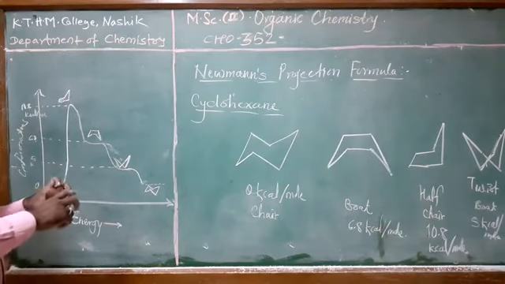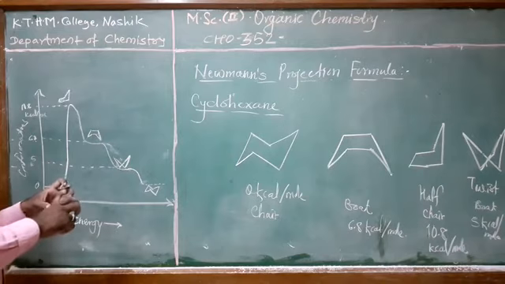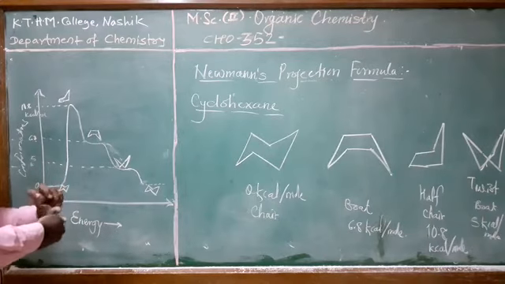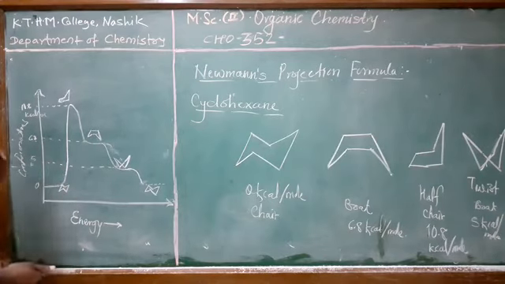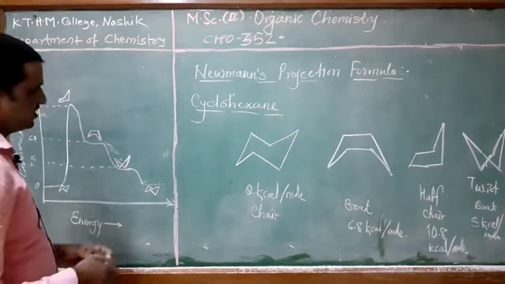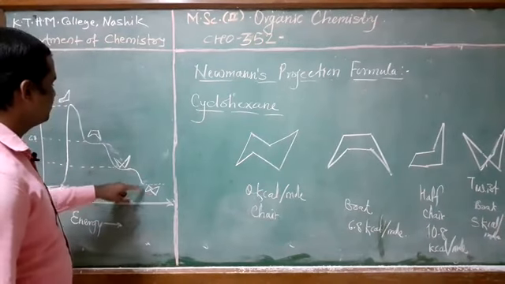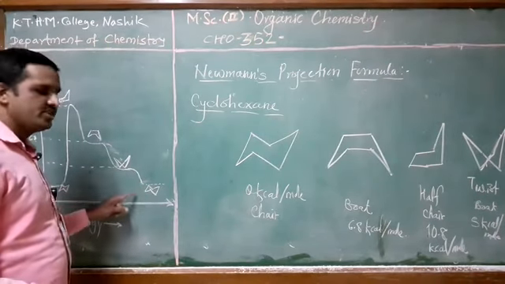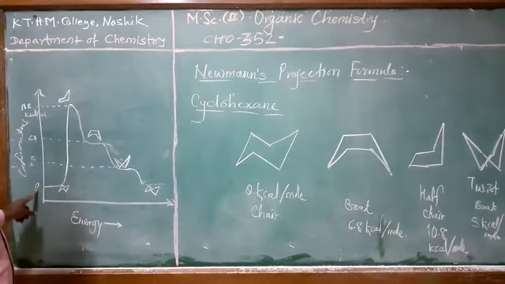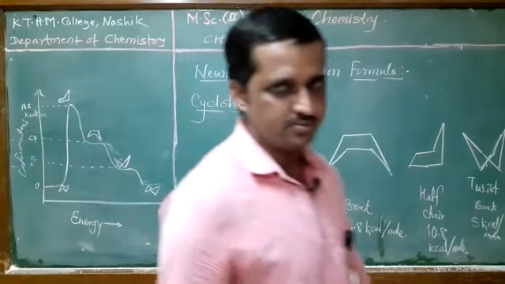After obtaining this boat conformation, if we twist it, we obtain the twist boat conformation having the energy 5 kilocalorie per mole. And after rotation of the second carbon atom, we again obtain the chair conformation, which is quite more stable, having the energy 0 kilocalorie per mole. Okay.